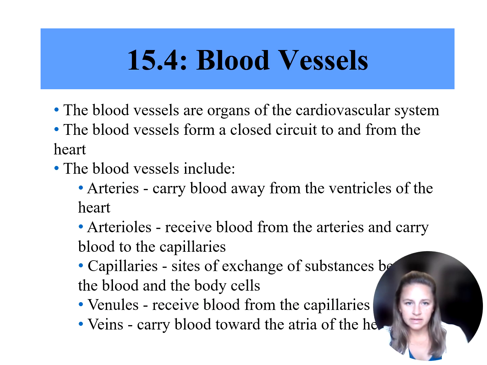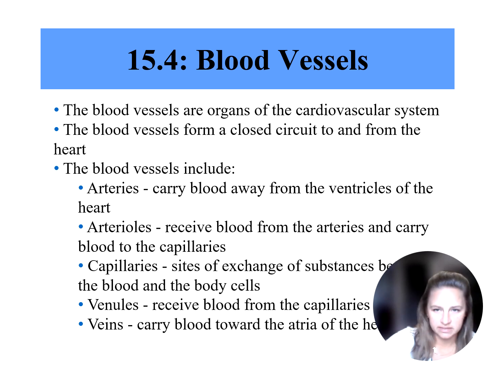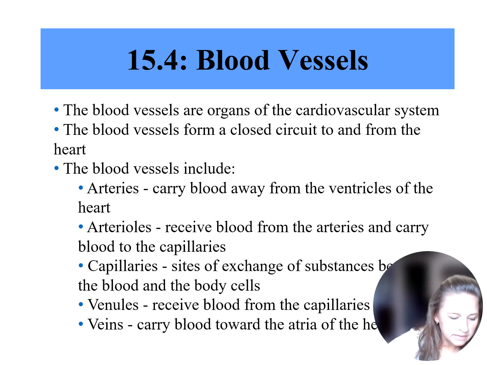Okay, let's look at some blood vessels. So blood vessels are also organs of the cardiovascular system. So the cardiovascular system includes the heart and all of the blood vessels. The blood vessels make a closed circuit to and from the heart.